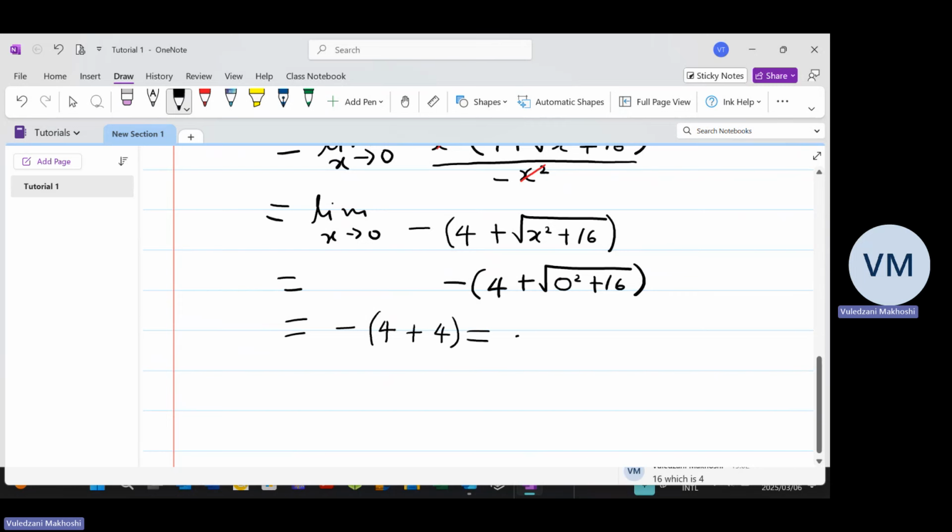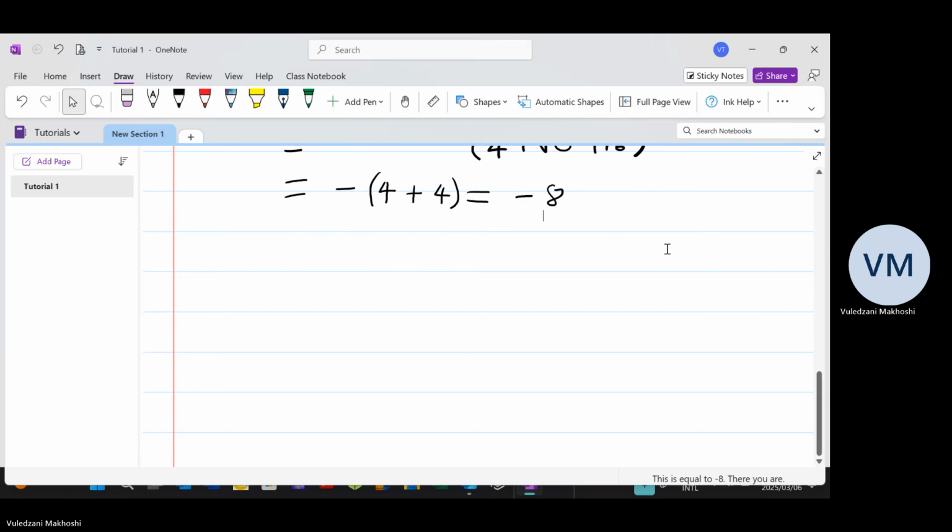This is equal to minus 8. There you are. So that was 1.2.